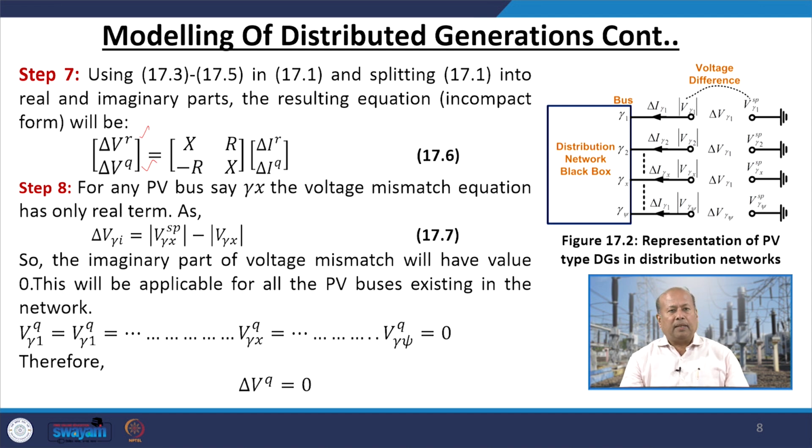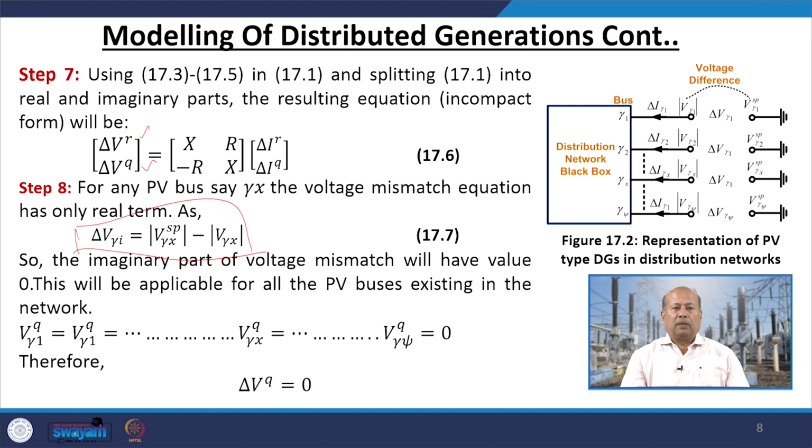Moving to step number 8, for any PV bus, say gamma x, the voltage mismatch equation has only a real term, delta V gamma x, which is the difference between V gamma x specified minus V gamma x. So, the imaginary part of the voltage mismatch will have value 0.